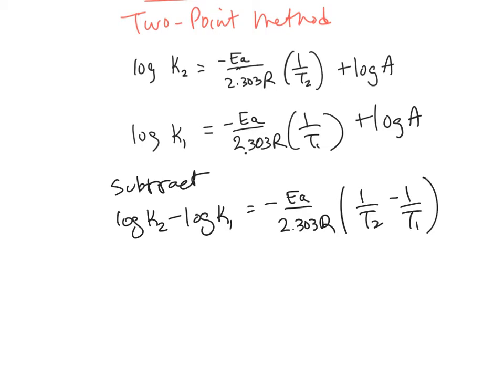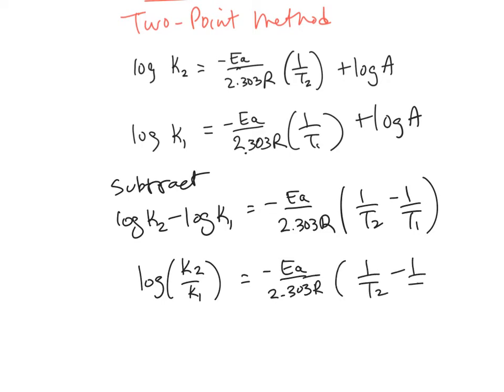Log of A minus log of A is 0. Then we could continue here and say logarithm k2 over k1 is equal to negative Ea over 2.303R, and that is 1 over T2 minus 1 over T1. All right, that is it. That is it right there.